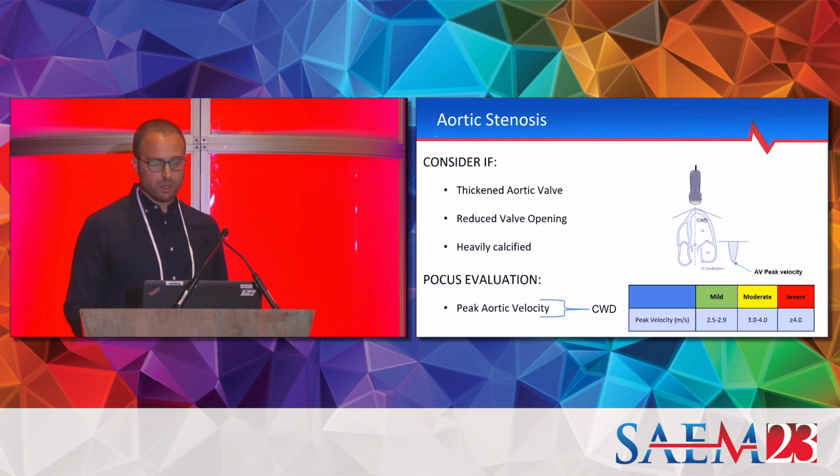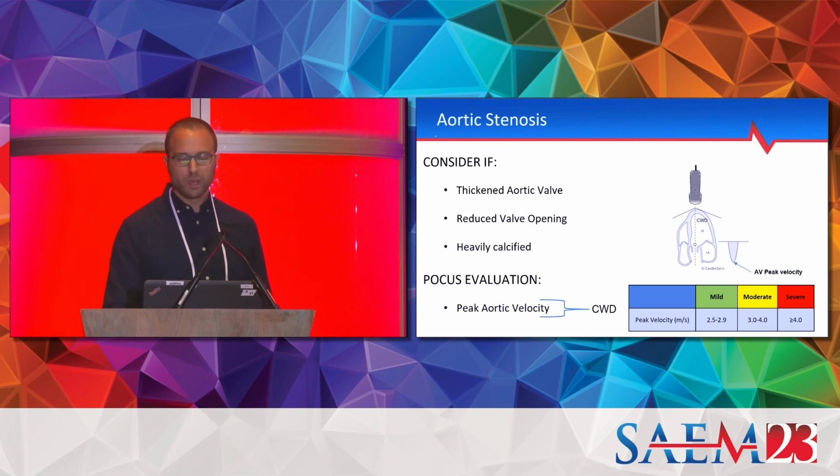So the narrower the valve, the higher the velocity, the more stenotic the lesion. So in our cutoffs here, again, 4 meters per second for severe AS, 2.5 to 2.9 for mild aortic stenosis.